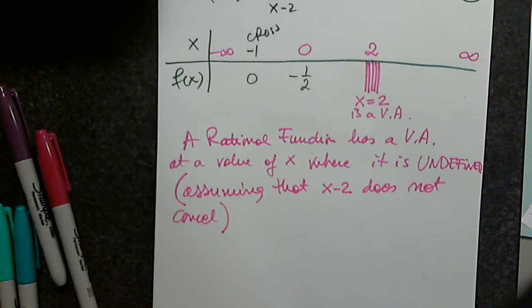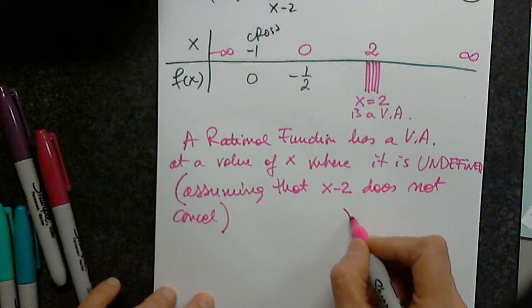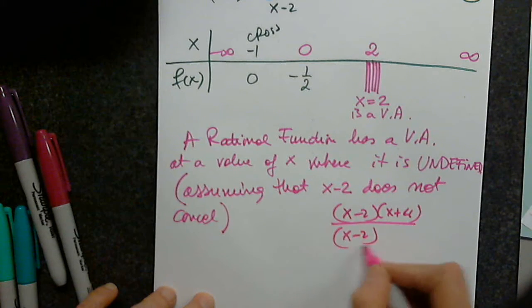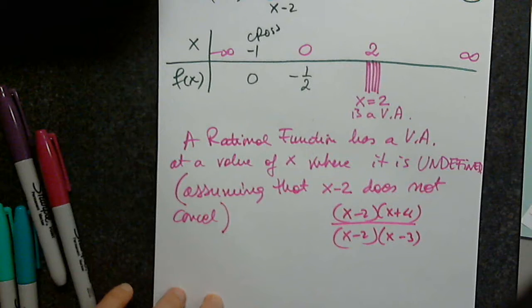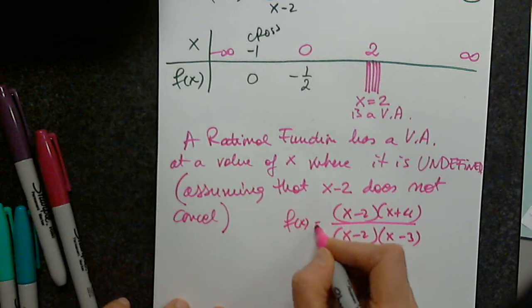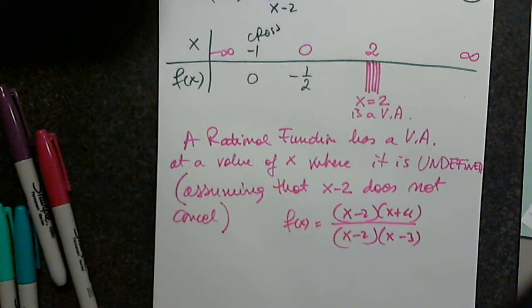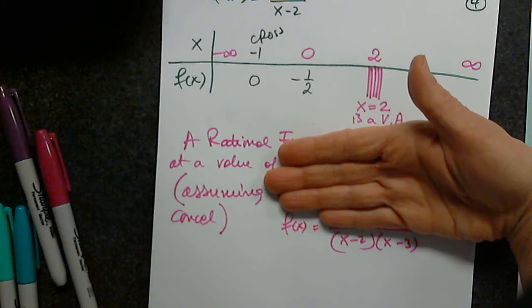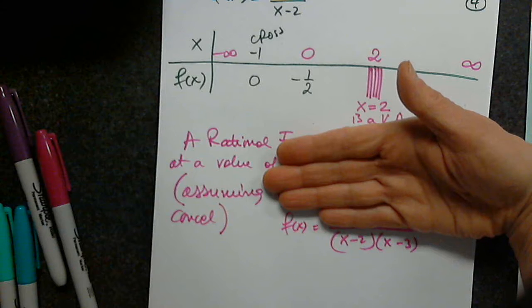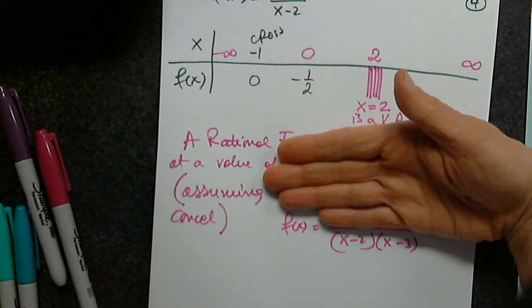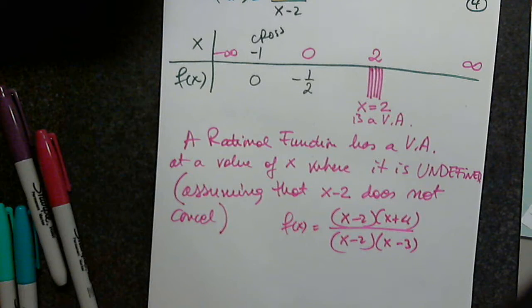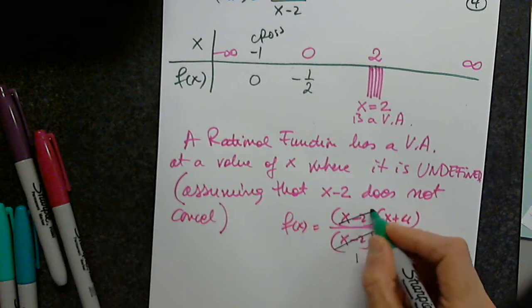So let me give you an example right here, right now. If I have x minus 2 and x plus 4 over x minus 2 and x minus 3, and this is our function, it's not, but I'm just giving an example. What is the domain of this function? Obviously not 2 and not 3. So after I write not 2 and not 3, I am allowed to simplify this.